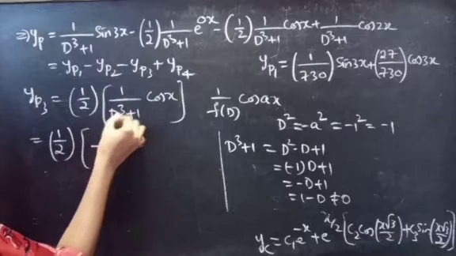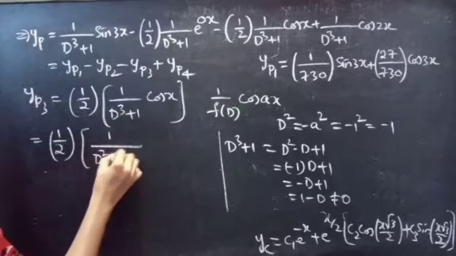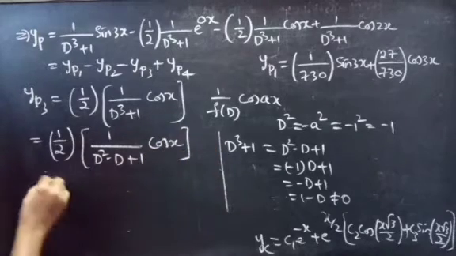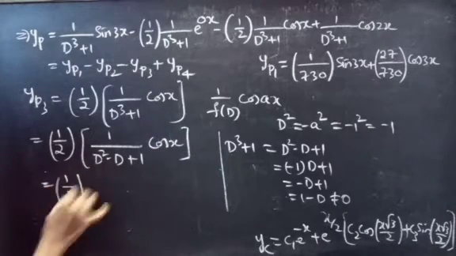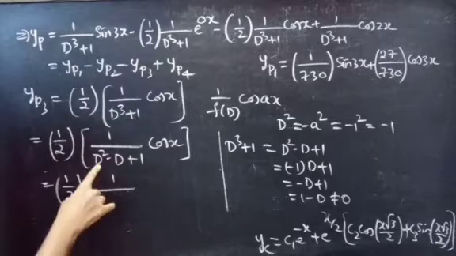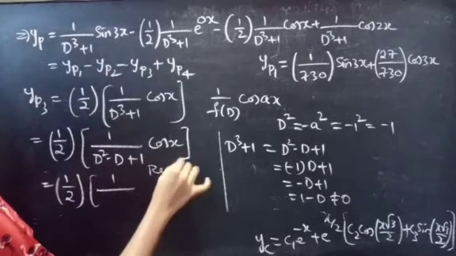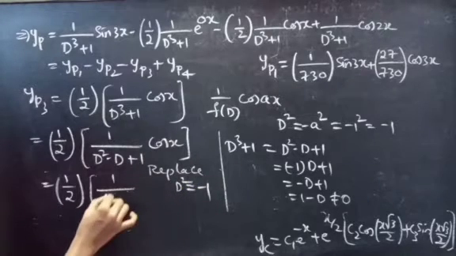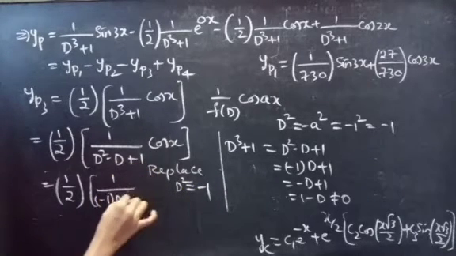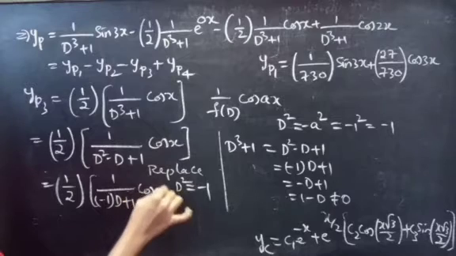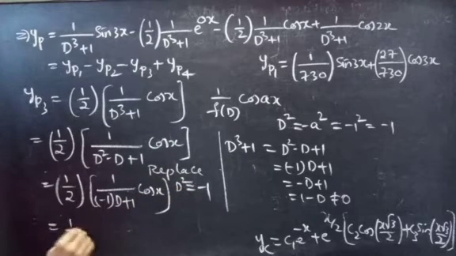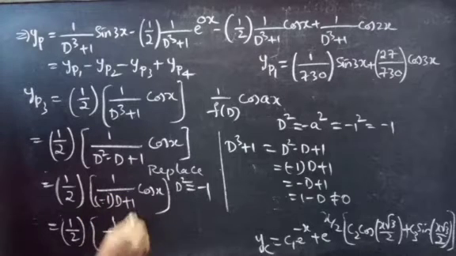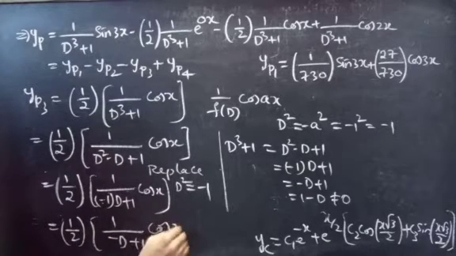Before that, write d cube as d square into d plus 1 into cos x equals 1 by 2 into. Now replace d square by minus 1, then we'll get minus 1 into d plus 1 into cos x, which equals 1 by 2 into 1 by minus d plus 1 into cos x.